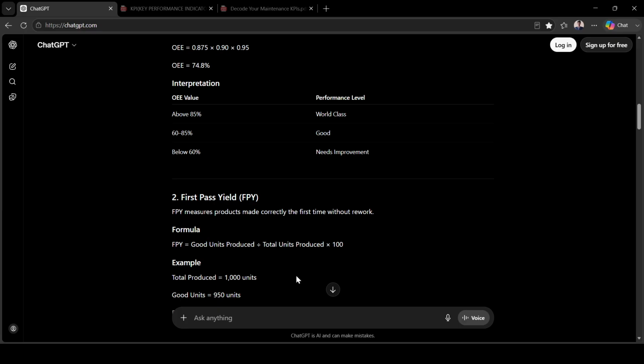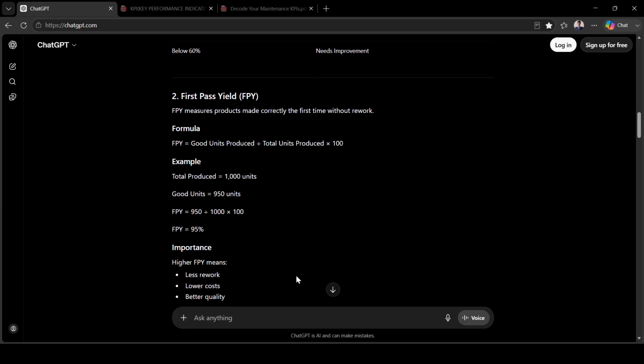So the first KPI is OEE, and the second one is First Pass Yield, FPY. FPY measures products made correctly the first time without rework. Formula: FPY equals good units produced divided by total units produced times 100.